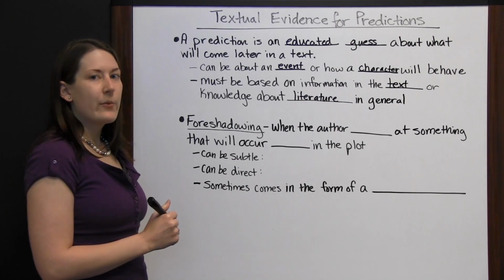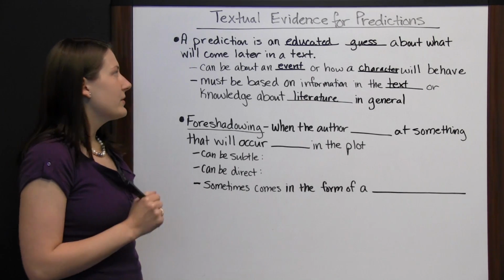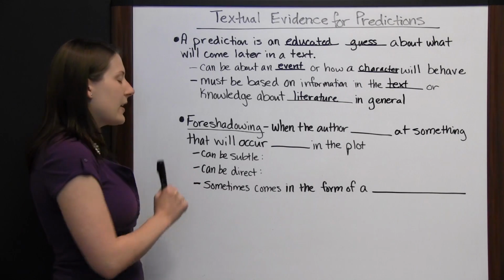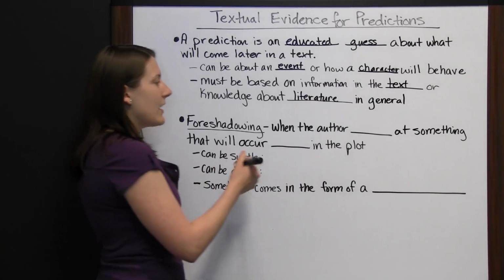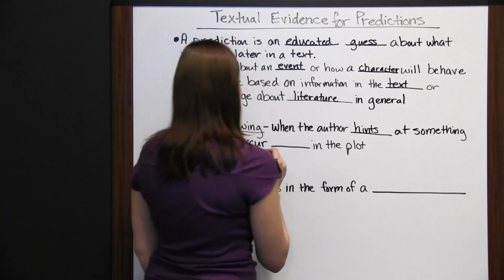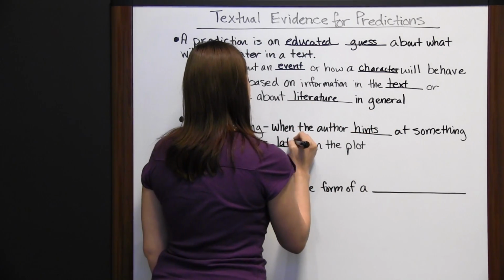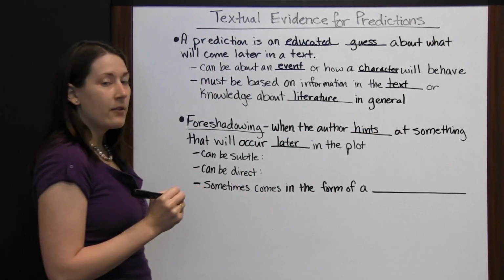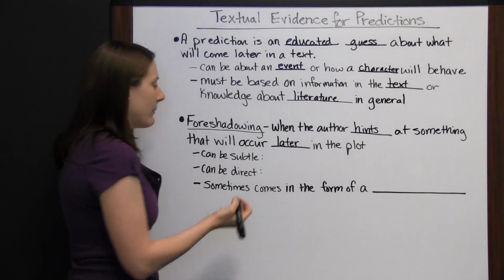Now, one specific way that you might find textual support for prediction is with foreshadowing. And foreshadowing is when the author hints at something that will occur later in the plot. So sometimes it's subtle. Sometimes the author doesn't say exactly what will happen.